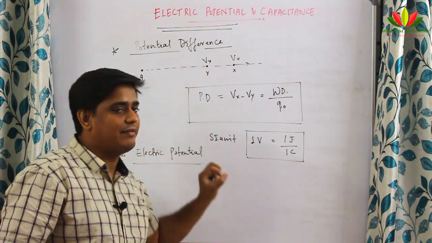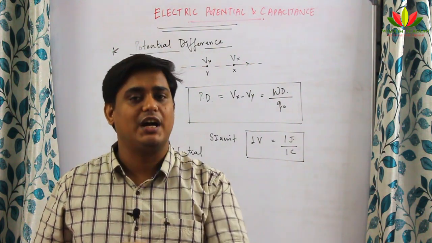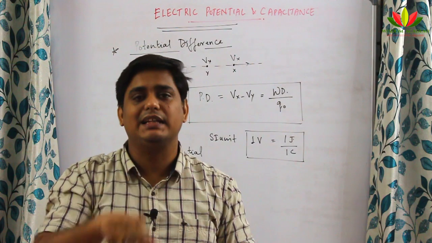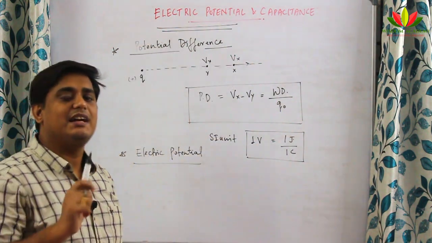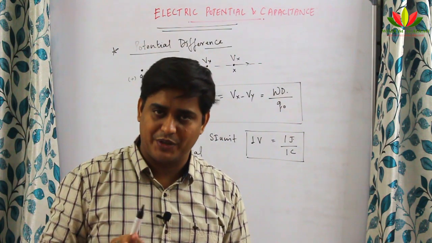Electric potential will be defined as the amount of work done in moving a unit positive charge from infinity to that point in the influence of an electric field. And one more thing I'll tell you: generally at a point very far away, at infinity, we take the potential to be 0 at that point.